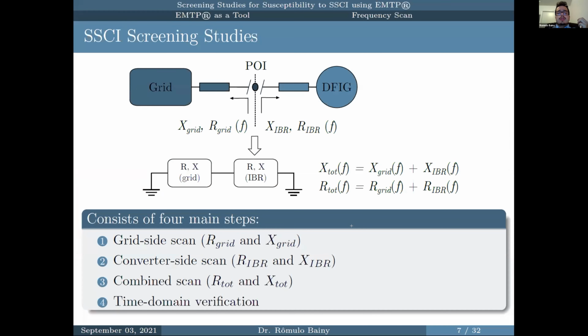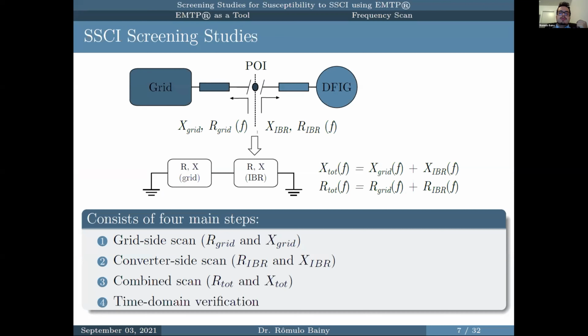The way you can do that in EMTP is through a combination of frequency scans. Here we have the point of interconnection of your wind park, with your grid on one side. Here I put a DFIG type 3 wind park. In EMTP, you perform a frequency scan on the grid side, removing all the nonlinear elements, all the wind parks, everything.